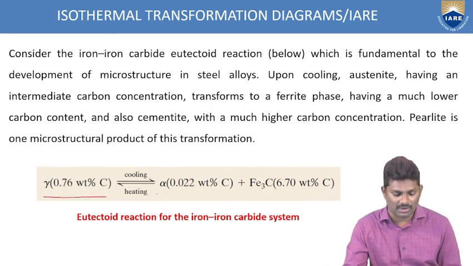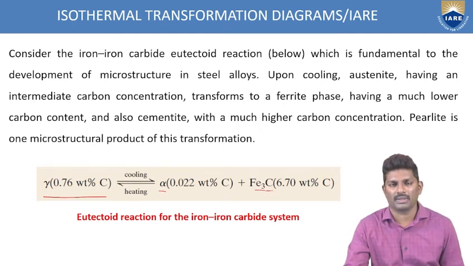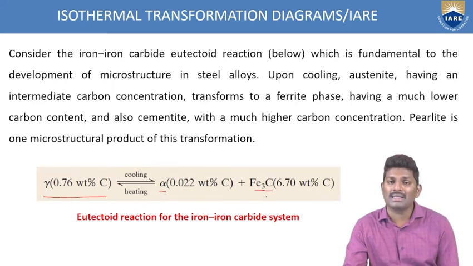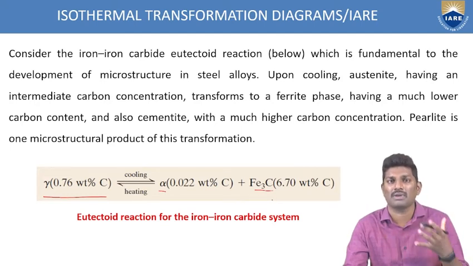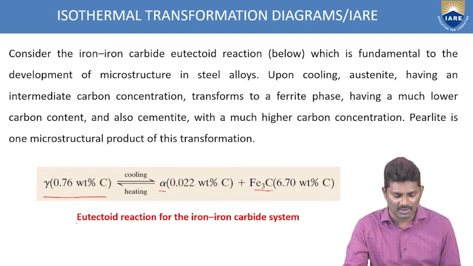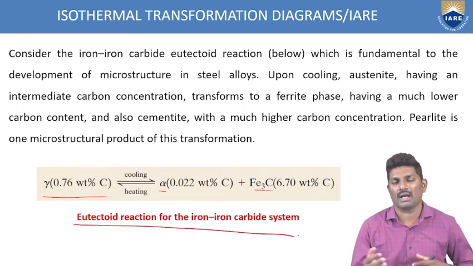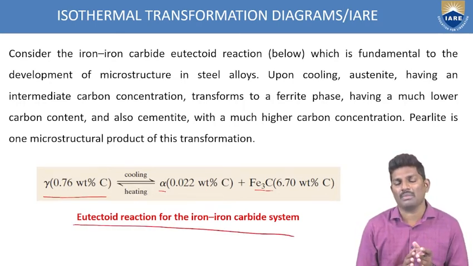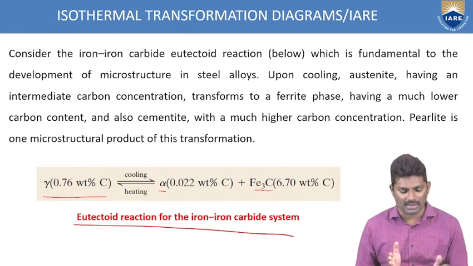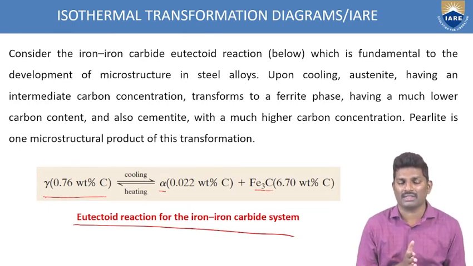It transforms into alpha plus Fe3C. The austenite transforms into ferrite plus carbide, or cementite. So this is how it transforms with respect to the eutectoid reaction. The carbide and ferrite combination refers to the pearlite, and this gamma is our austenite.